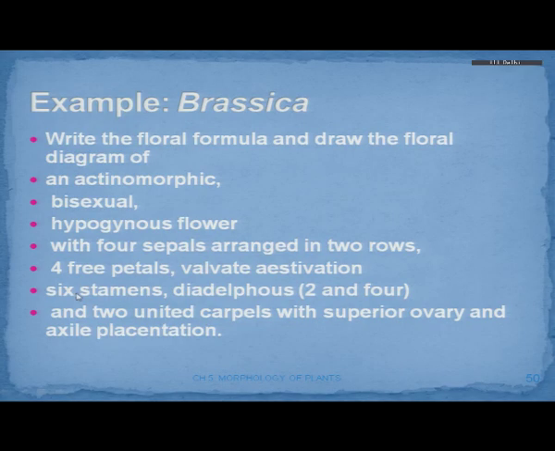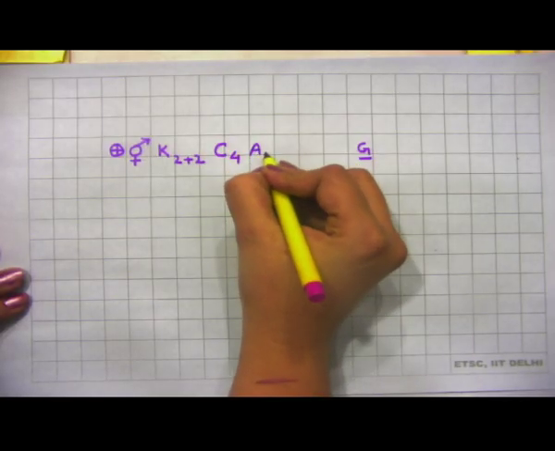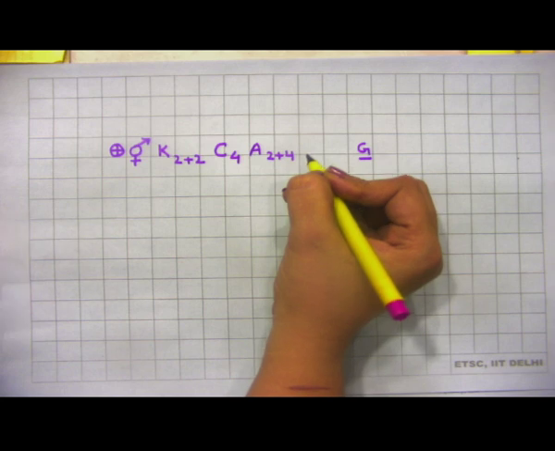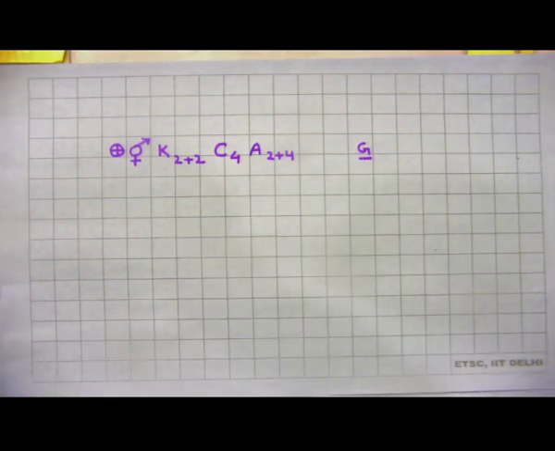Now it should be followed by the androecium. So for the androecium, it says here that there are 6 stamens in diadelphous condition. That means they are present in 2 groups. So the androecium will be shown by letter A followed by 2 plus 4, diadelphous condition. Now last is the gynoecium.